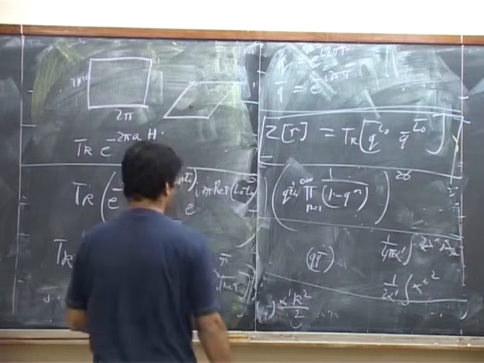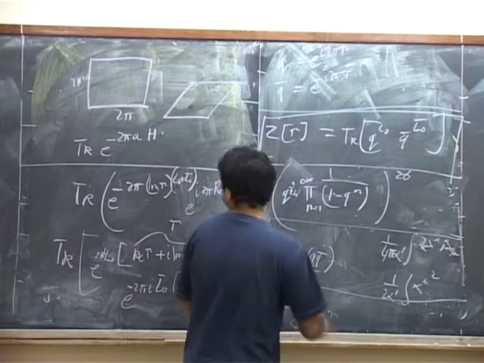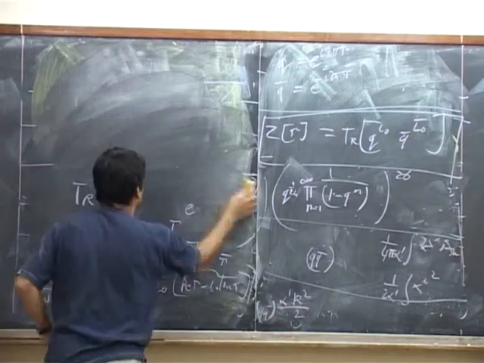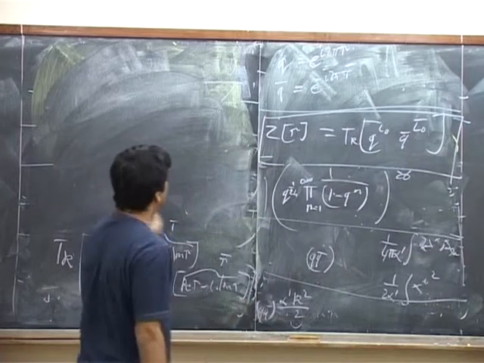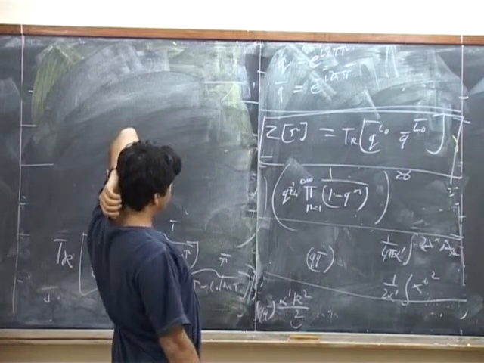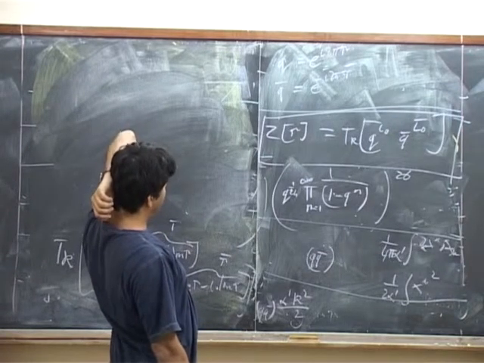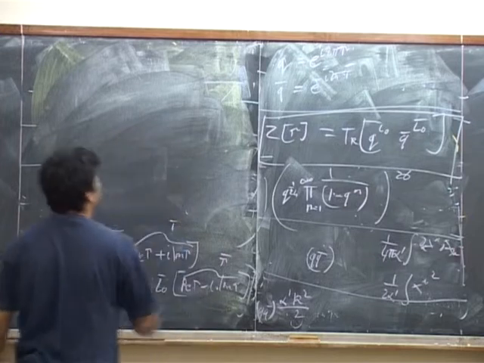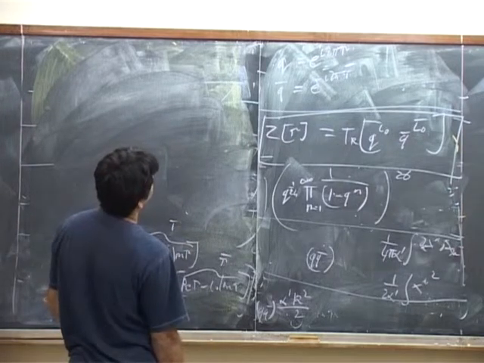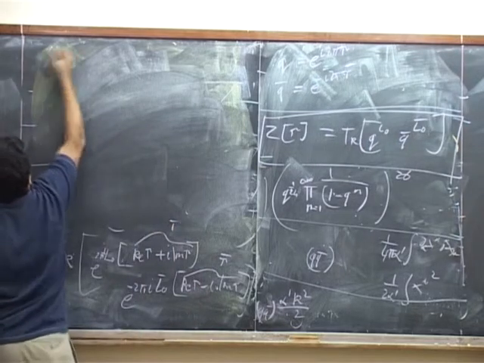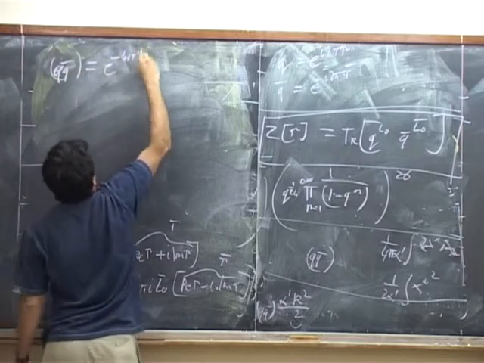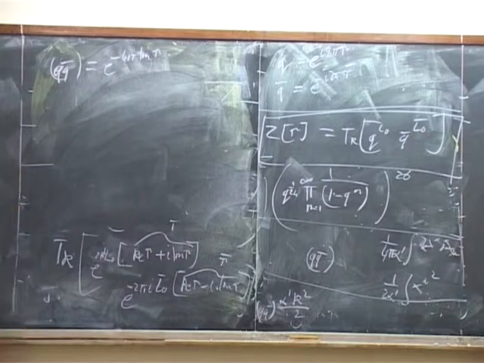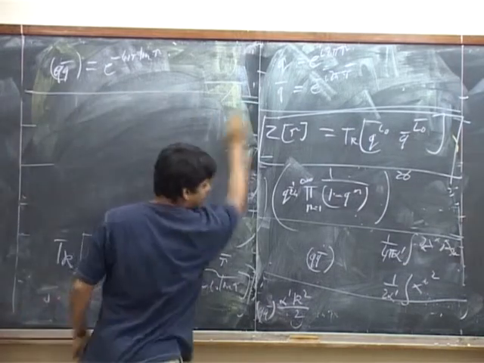Okay, now let's write this out. So what was q bar? q bar was e to the power minus 4 pi times Im tau.